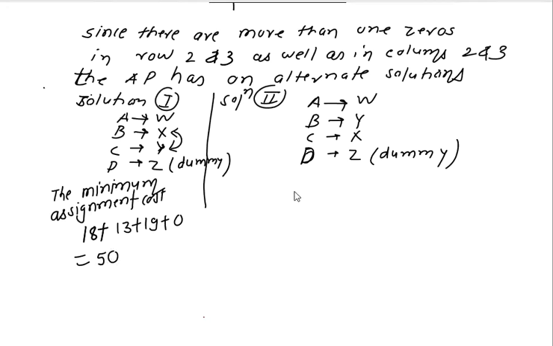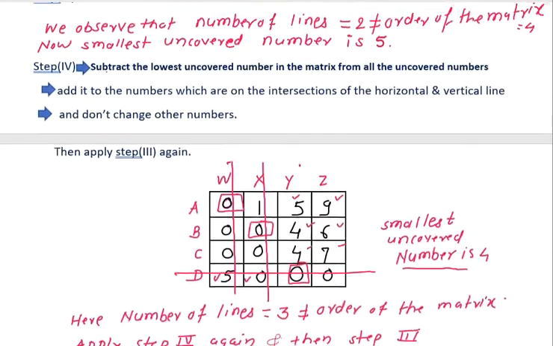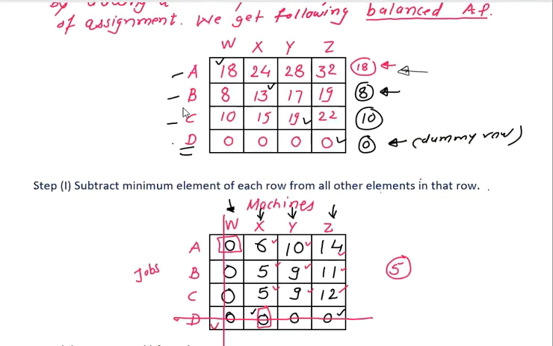Now here let us calculate the cost. This first assignment is as it is. So cost of performing job A on W is 18 as it is, and D is also as it is. Now we will change in the second solution. B is assigned to Y. What is the cost of performing B on Y? Cost of performing B on Y is 17.